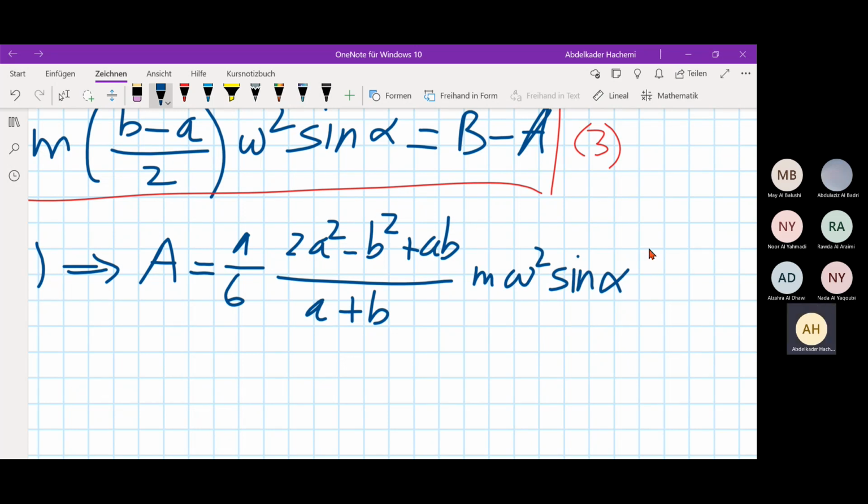This is for A. If I write it in vector form, it will be along the y direction.